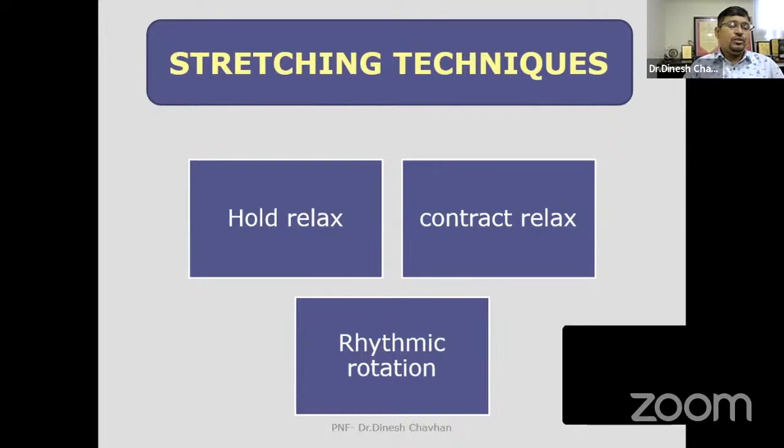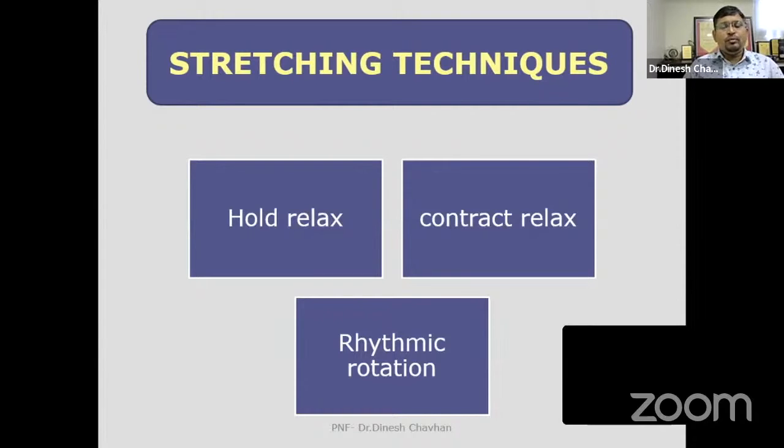If using the indirect method of hold relax, we activate the quadriceps. The quadriceps muscle contracts, and after some time the quadriceps muscle relaxes. In the indirect method, the main aim is to stretch the hamstring muscle, but we target the quadriceps.